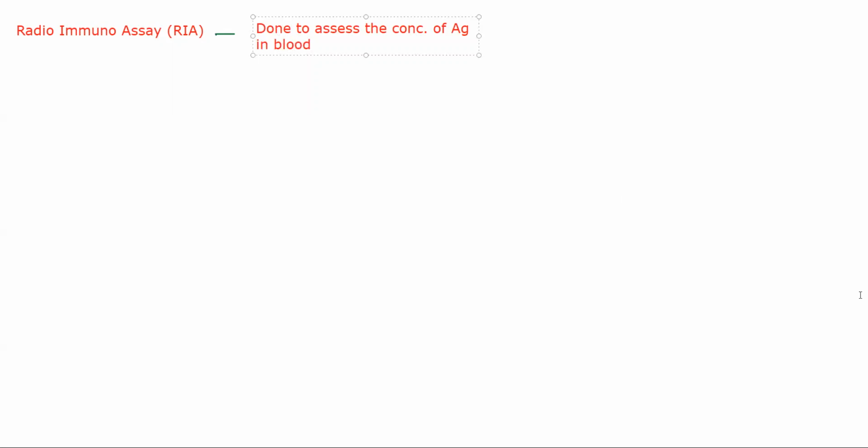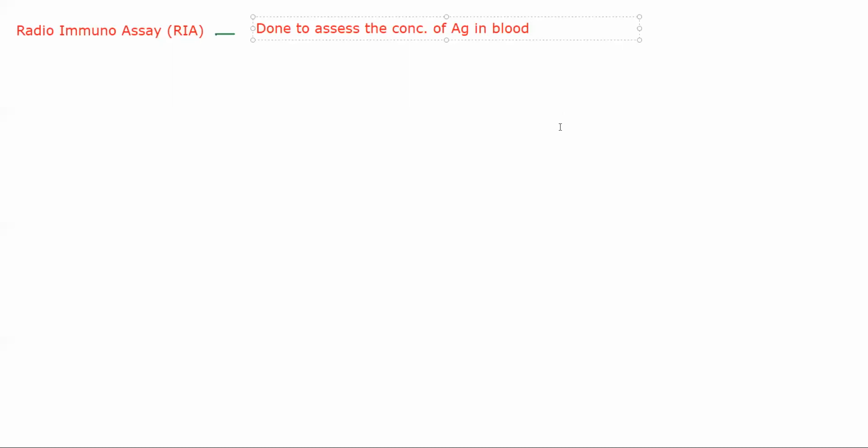If you know that someone has a particular disease and they will have that type of antigen, then you will try to find out how much antigen is present in their body to know the progression of the disease, or how severe the disease is in the patient.